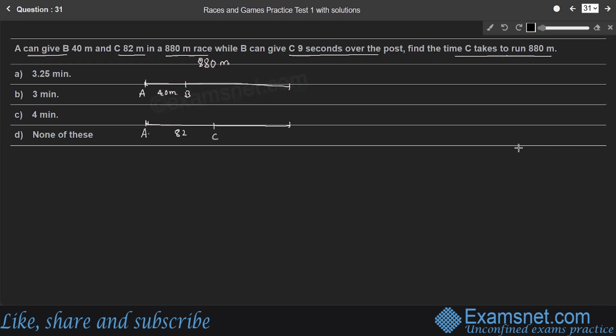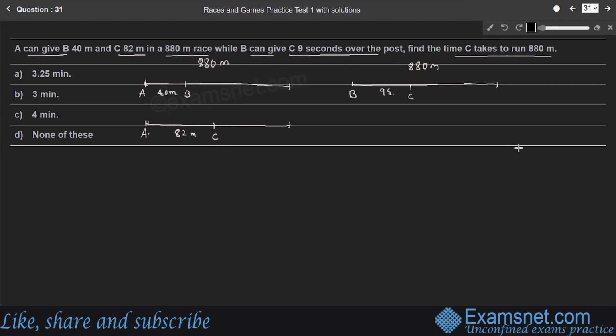So C is also ahead of A by 82 meter, right, in 880 meter race, while B can give C 9 seconds over the post. So that means in a race of 880 meter, B can give C 9 seconds over the post.